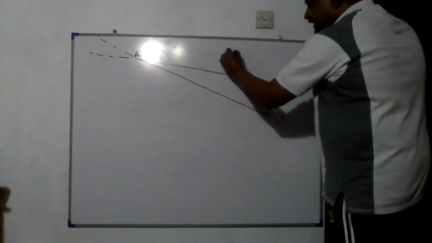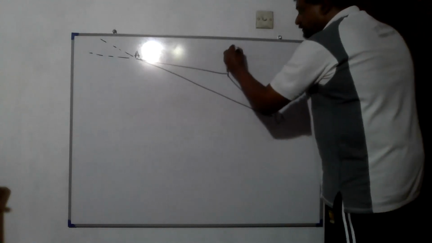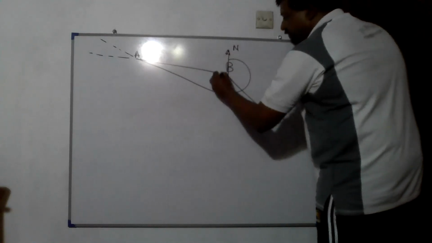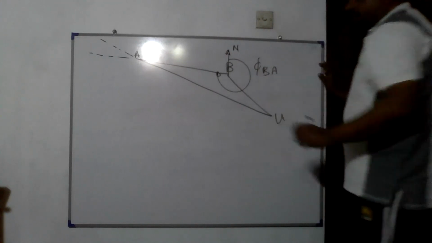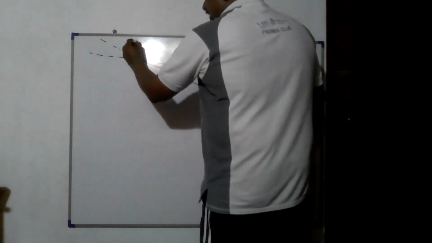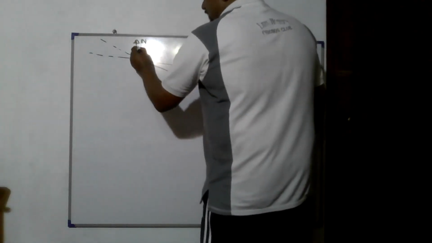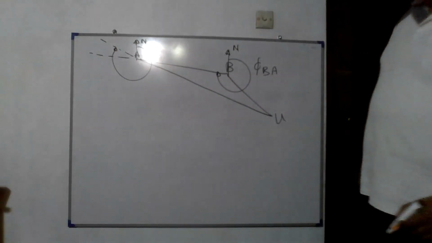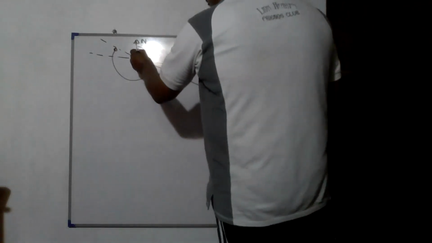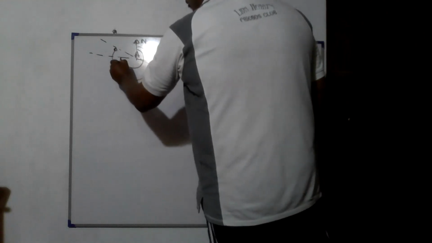Now if you know the bearing with respect to north, if you know this phi BA, what you need to know here with respect to north is this entire great angle, right? Now you know this angle up to here, okay?